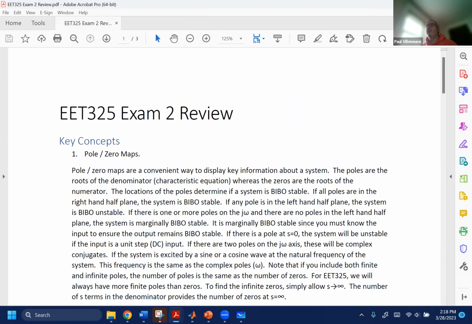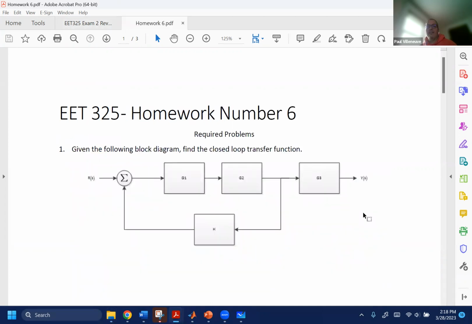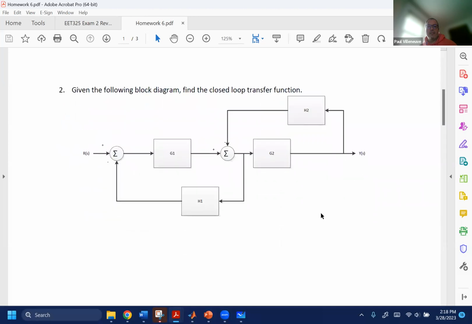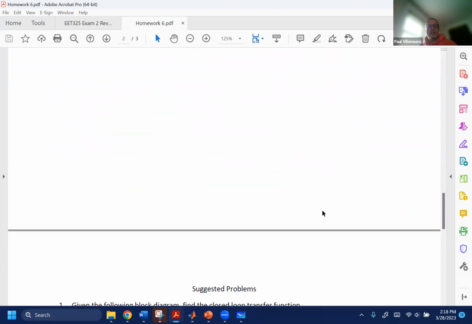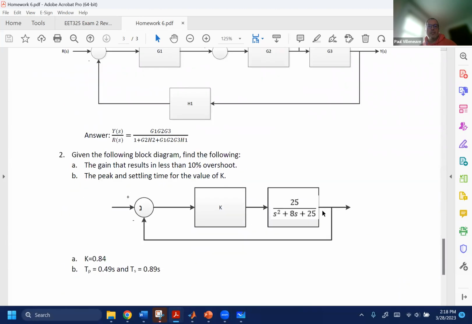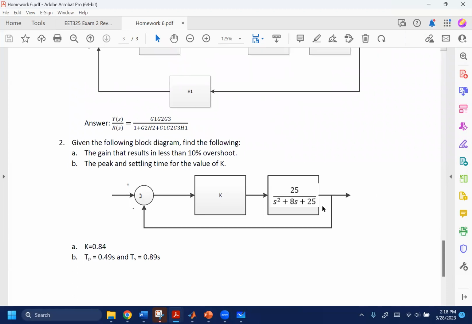It's in the wrong folder. This problem right here. Yep. Okay.